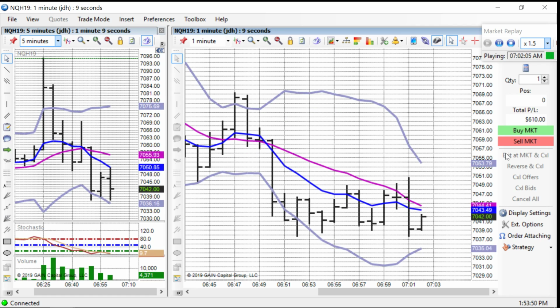But if you have to exit like that, here's what I did. I saw that maybe it was stalling at my target, wasn't really taking out my target. So I just exited the market early, and I had a little bit of profit there. And you never go wrong by doing that.